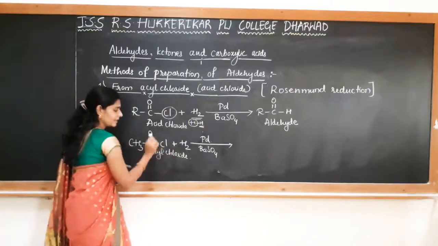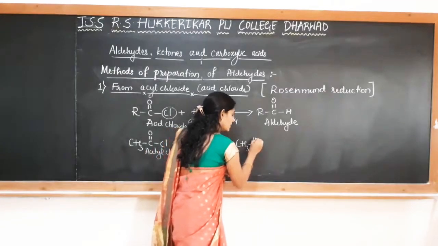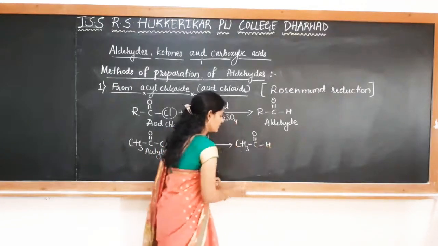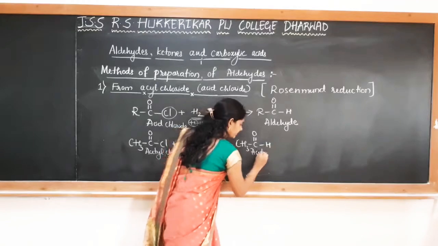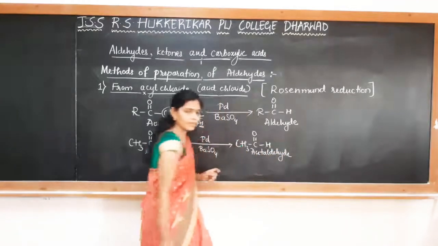Cl is replaced by hydrogen, so we get the product CH3CHO. The product is acetaldehyde.